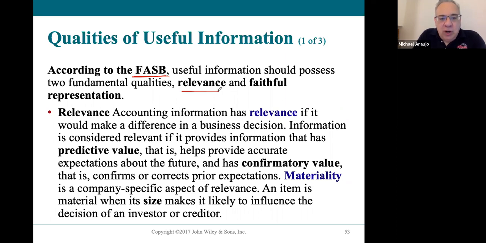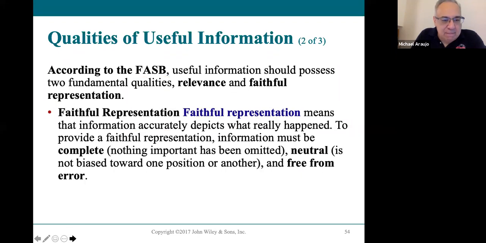Well, one is something called relevance, which means that we should be accounting for any type of transaction, financial in nature, that would make a difference in a business decision. And so accounting information basically is related to any type of financial transaction that would affect or make a difference in a business decision. And you'll see that when we look at chapter 3 and 4 together.